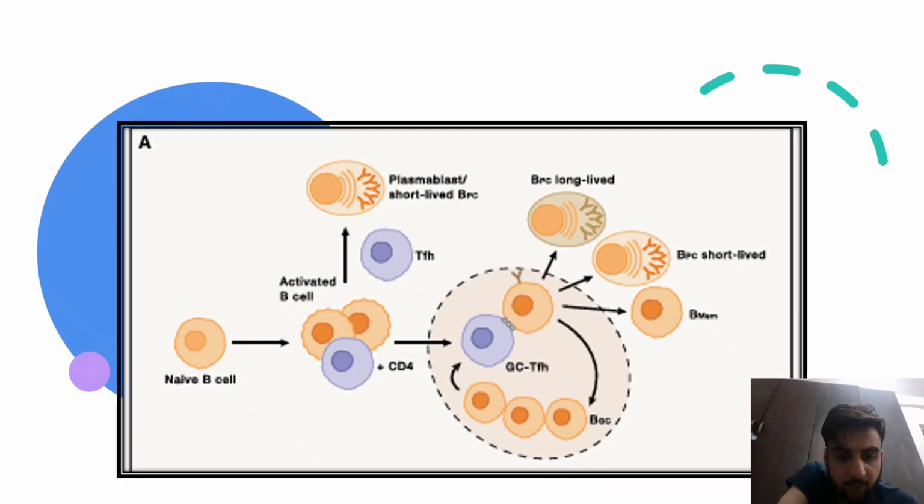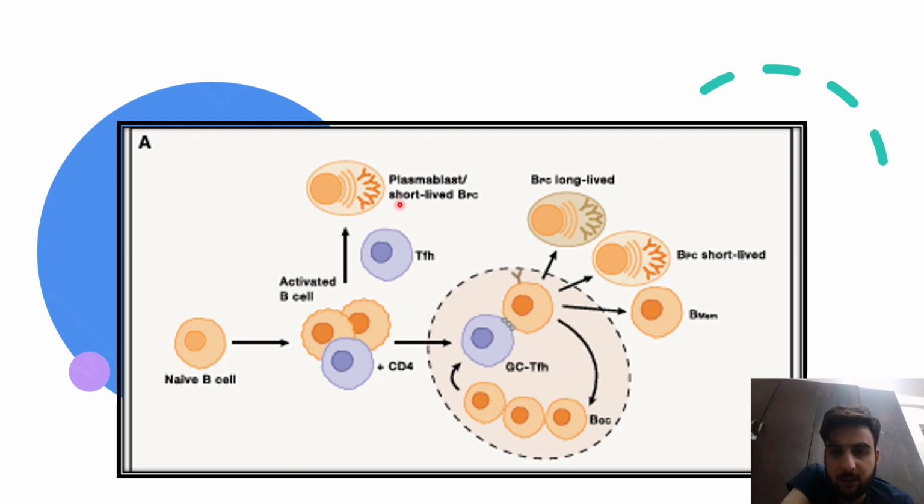We know that, for example, if we have the naive B cells, the activation of the naive B cell happens when the antigen encounters the B cell via the B cell receptor, and the CD4 cells help the B cell activation.